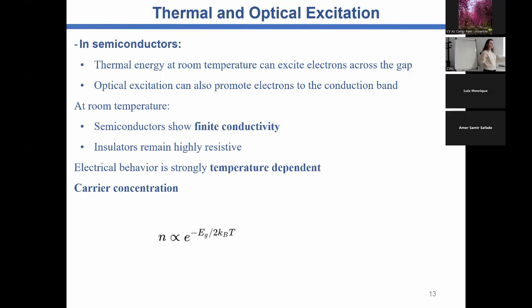So the number of carriers will be higher, and the conductivity will also be higher. That doesn't mean I have a better material with higher conductivity; I just evaluated at a different temperature. So if you want to evaluate charge trapping and charge transportation of your material, you must at least go to high temperature and low temperature.